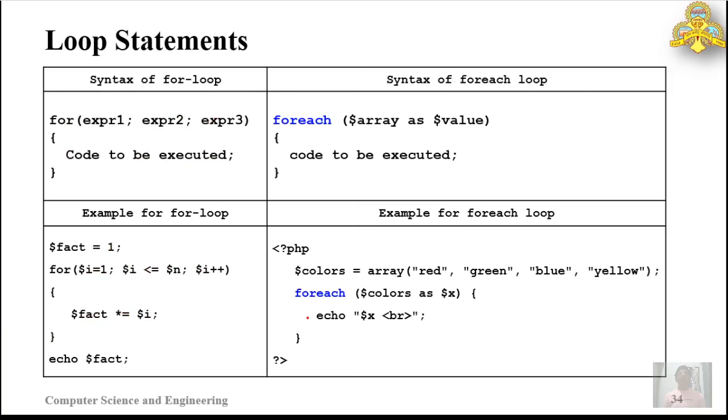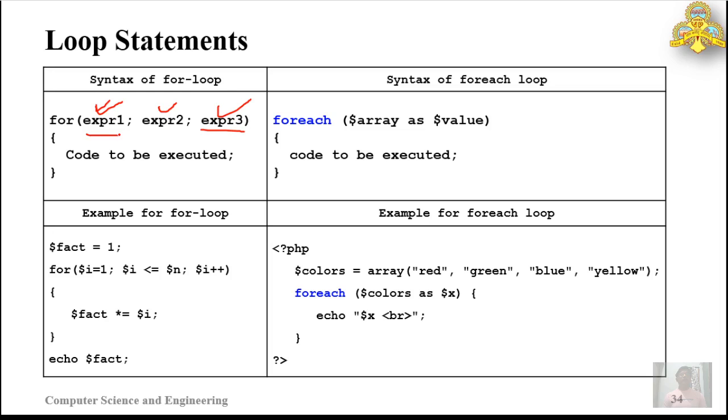For loop, same as that of the C language. There will be an initializing expression, continuation expression, and terminating expression. So expression 1 is the initializing expression, expression 2 is the terminating, and expression 3 is the continuation expression.